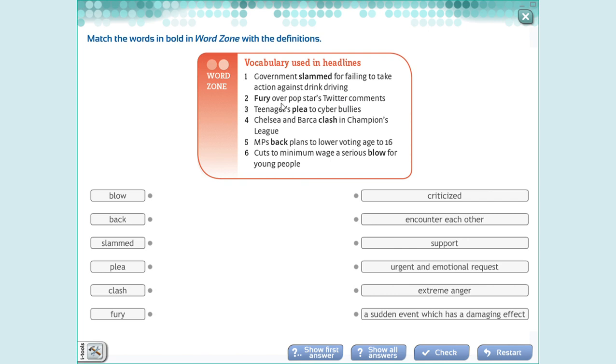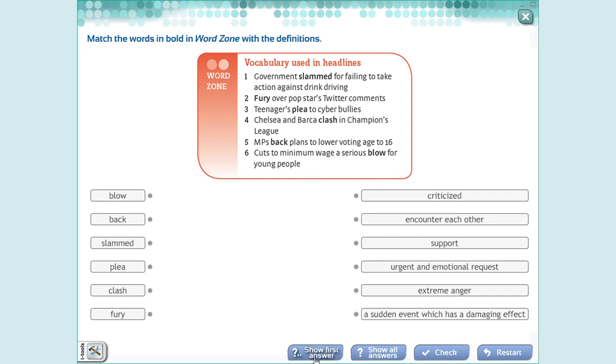Number 2, fury over pop star's Twitter comments. 3, teenager's plea to cyberbullies. 4, Chelsea and Barca clash in Champions League. Number 5, MPs back plans to lower voting age to 16. And 6, cuts in the minimum wage, a serious blow for young people.